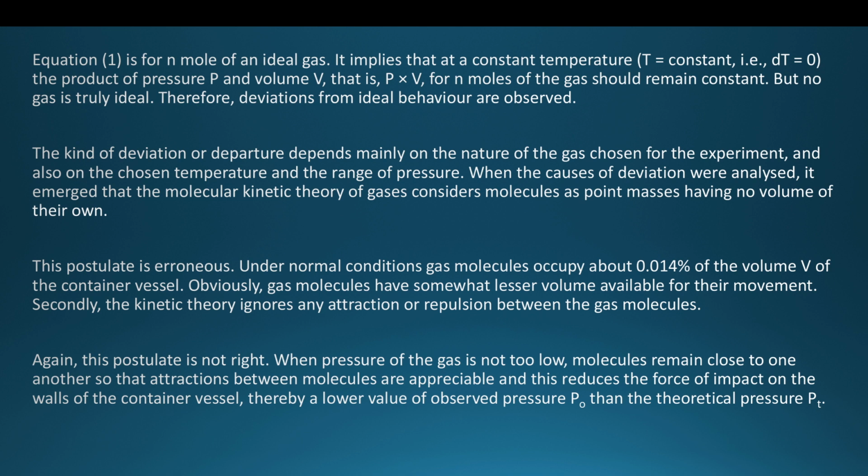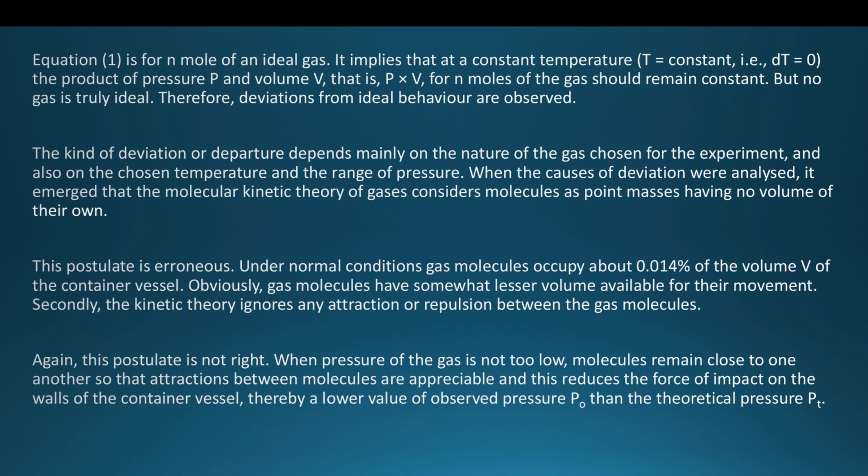When the causes of deviation were analyzed in detail, it emerged that the molecular kinetic theory of gases considers molecules as point masses having no volume of their own. This postulate is erroneous, not correct.